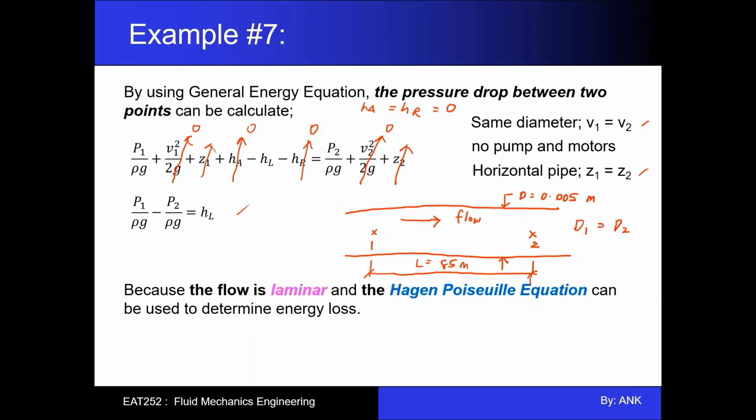Because the question asks to calculate the pressure drop, which is P1 minus P2, when we rearrange this equation, we get P1 minus P2 is equal to rho g HL.